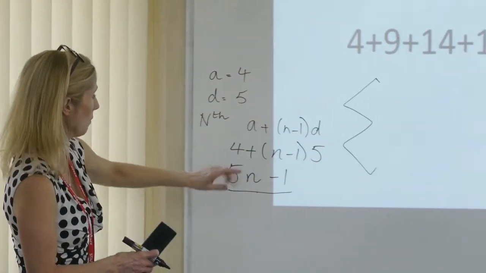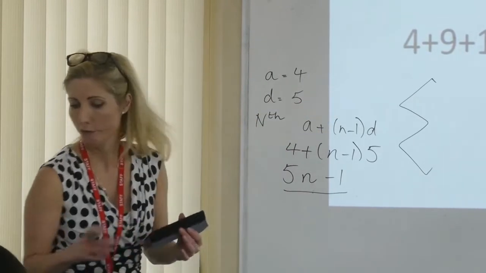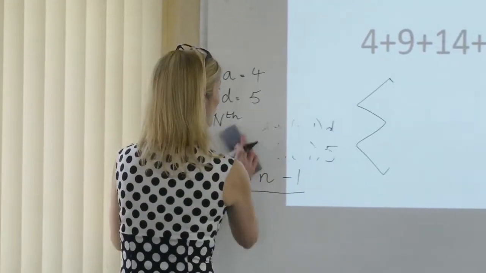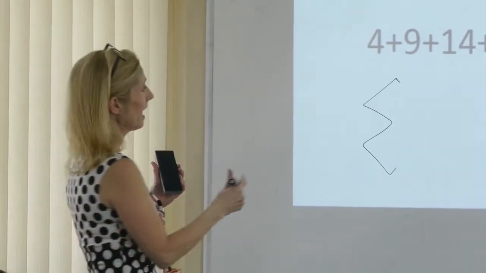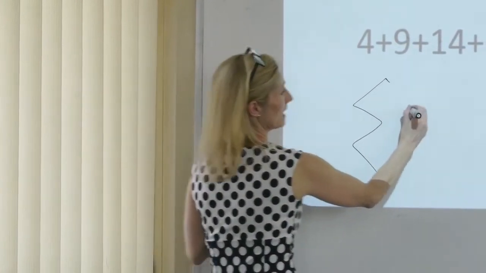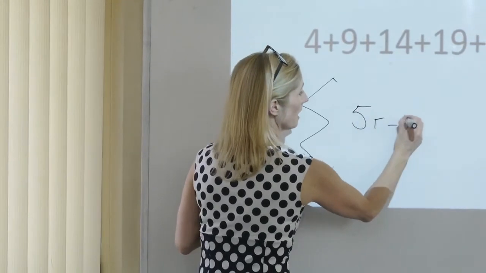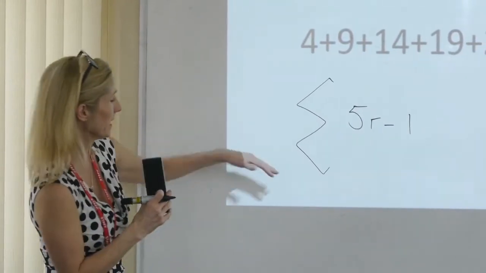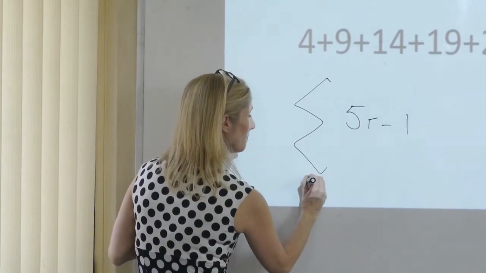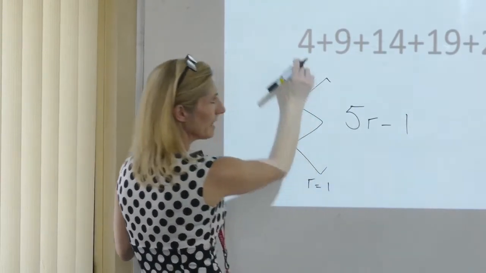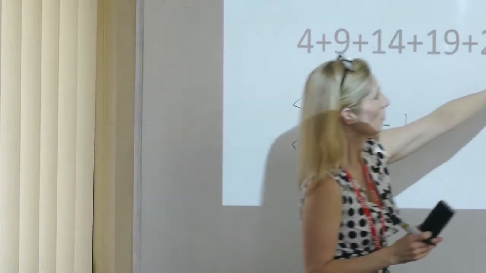Okay? So, when we write this as a formula, we don't use n, what do we use? We use r. Right, Bryant, if the formula is 5r minus 1, what will our limits be? 1 to n. R equals 1. And then n, we have infinity.